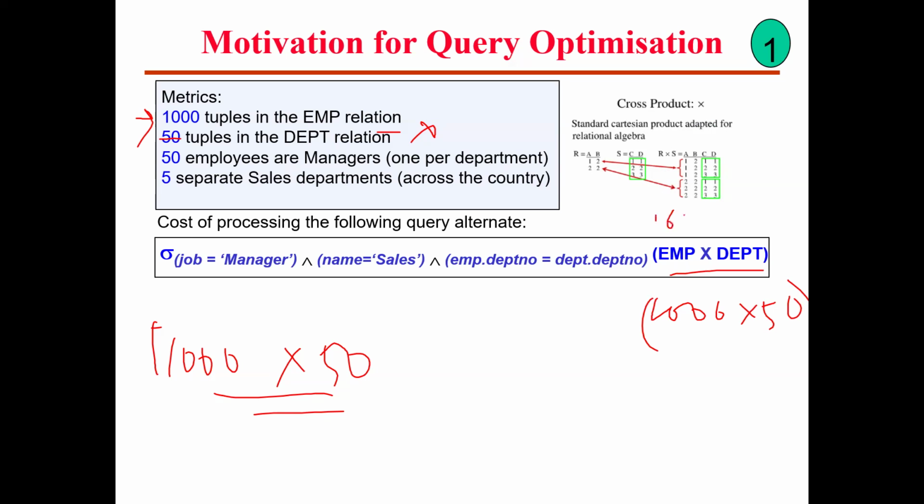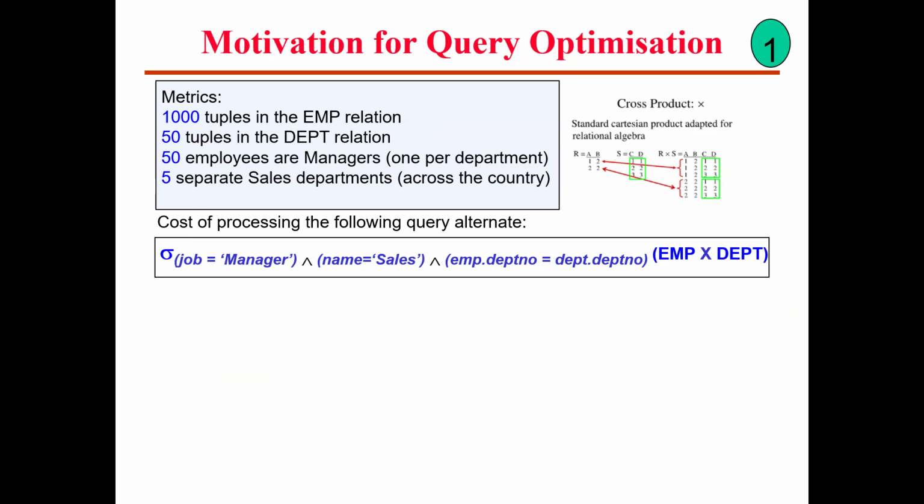Employee has 1,000 rows, and rows are nothing but tuples, right? And department has 50 rows. So here itself, we have 1,000 multiplied by 50 records created as a table. It's a big overhead for checking all these tuples.